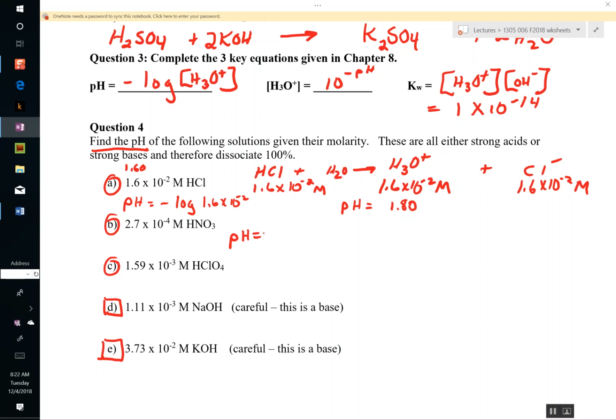Okay, so you're going to have this concentration, 2.7 e to the -4. So let's see, 2.7, second.